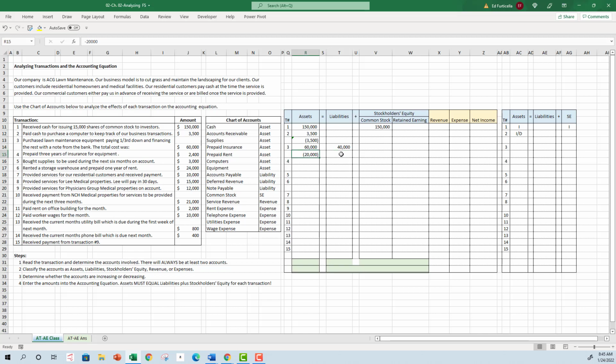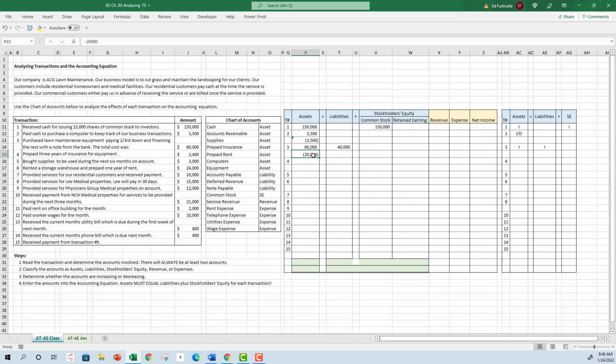On our accounting equation, we're going to add an asset for $60,000 representing the equipment. We're going to subtract an asset of $20,000 representing the cash outflow for the down payment. And in the liability column, we're going to add a liability of $40,000.